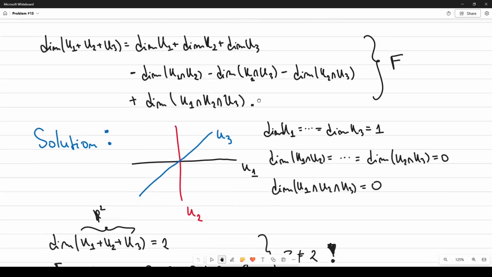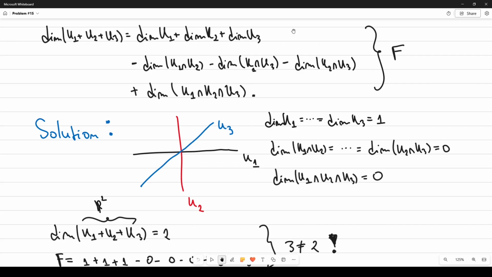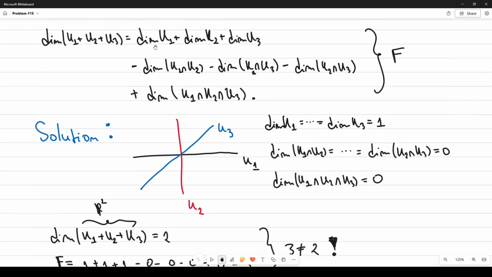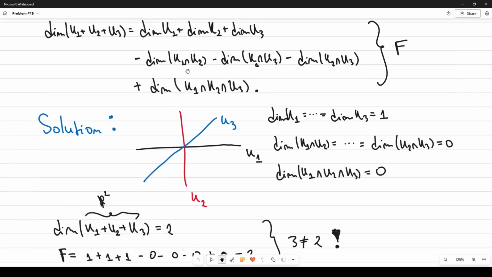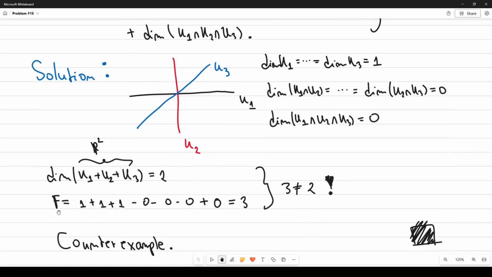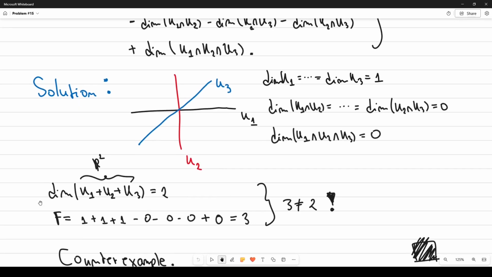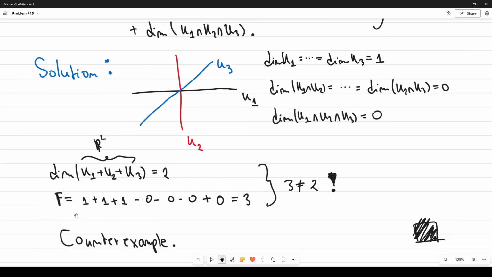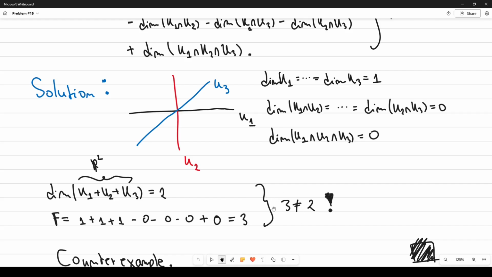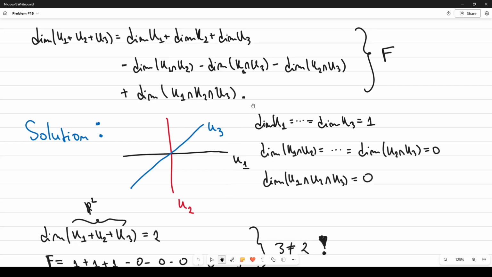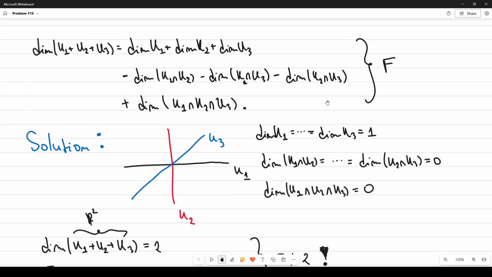Now, if we use this expression over here, the right side, f, when we plug in the numbers, we get 1 plus 1 plus 1 minus 0 minus 0 minus 0 plus 0. Well, f gives us 3. So we know that the dimension of the sum of these subspaces is 2, and f is telling us that it should be 3. Well, 3 is not equal to 2, so we've just provided a counterexample to show that this does not hold.